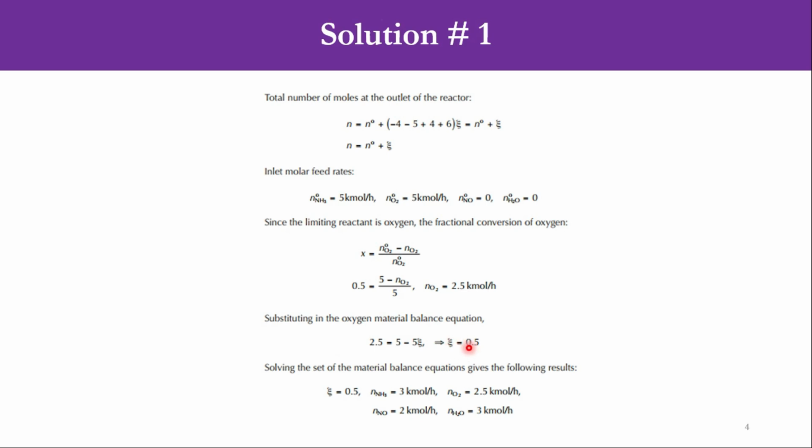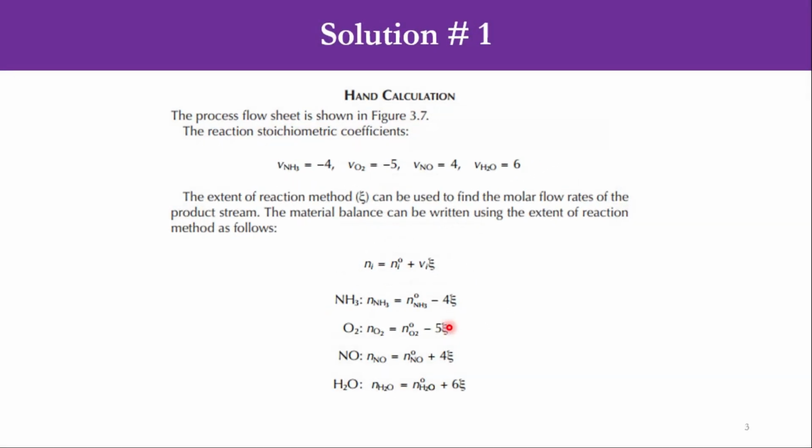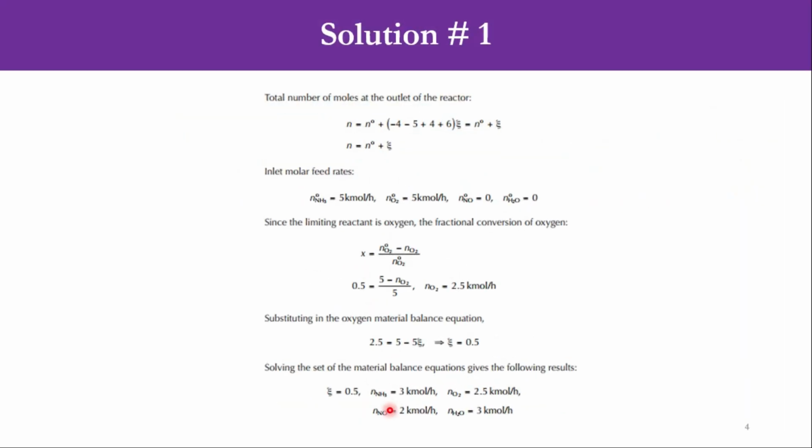Now accordingly, we will put the value of 0.5 in all these expressions, this one, this one, this one, to get the answer: N of ammonia 3 kmol per hour. Oxygen is calculated already as 2.5 kmol per hour. For NO it is 2 kmol per hour, and for water it is 3 kmol per hour. So this is the first method to calculate the outlet molar flow rates, and this method uses the extent of reaction method.